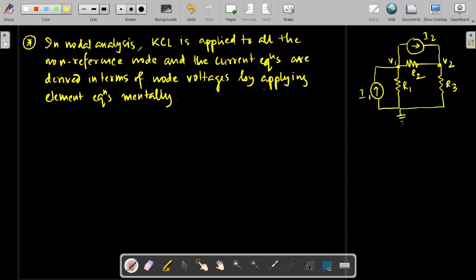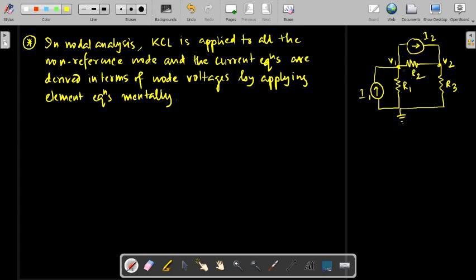Okay, so this was the thing that we did in the last class. You can see for node 1 and node 2, the node voltages are V1 and V2, and at these two nodes we applied KCL. KCL gives you the current equation, that means the algebraic sum of all the currents coming to a node is equal to 0.